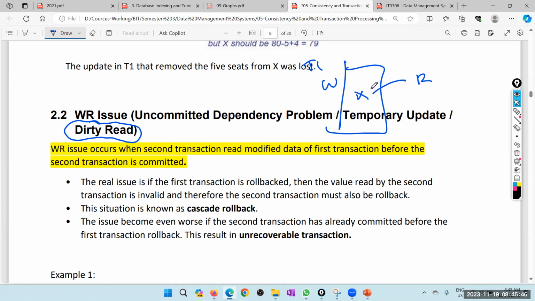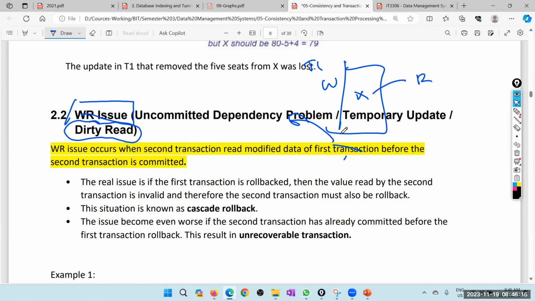But unfortunately, there's a possibility that this transaction roll back. So later this transaction roll back, therefore it is changing this to original value, but you have read the dirty value and you have proceeded with the dirty value. Therefore, your transaction is now wrong. So that is what write read issue is. So that happens only when the first transaction is rolled back, but that possibility is there.